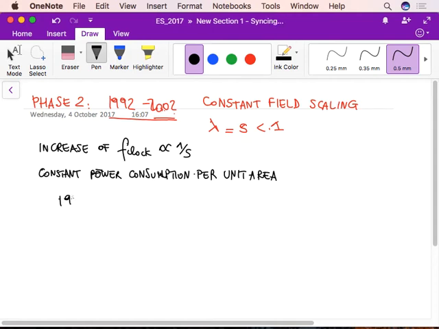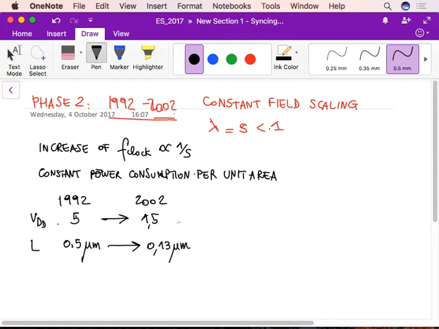Let me show you some numbers from 92 to 2002. VDD went from 5 down to 1.5 volt in 10 years, so a factor of more than 3. L, actually, I was wrong, I mentioned 0.25. Actually, 1992 was 0.5 micron and went down to 0.13 micron.